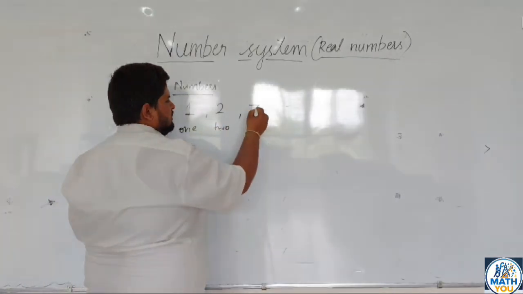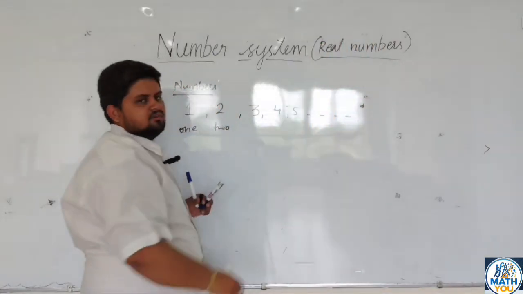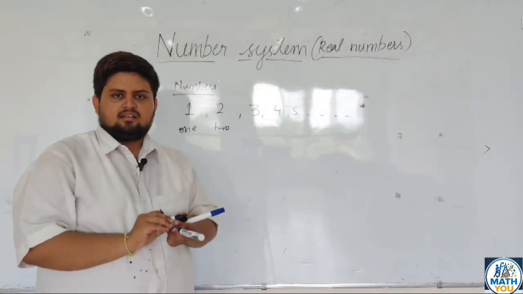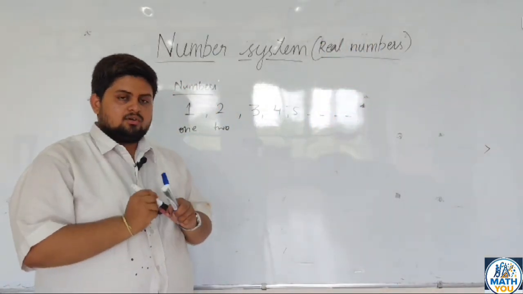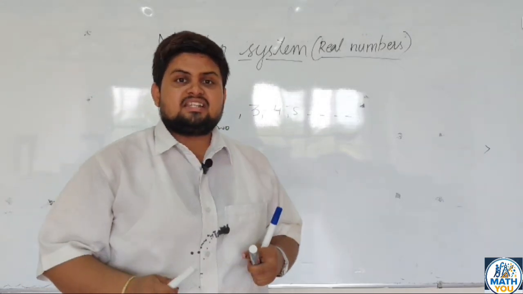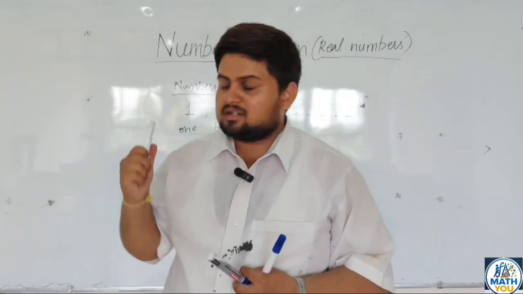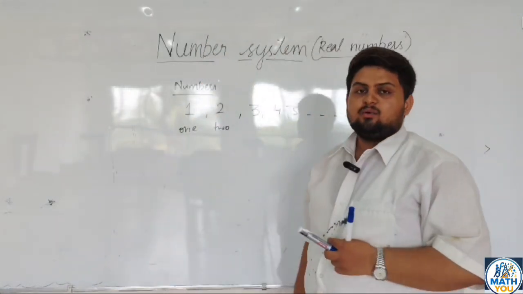Similarly, they went on giving symbols for 3, 4, 5 and so on up to infinity. So these numbers helped them in counting things, in measuring the quantity of something.